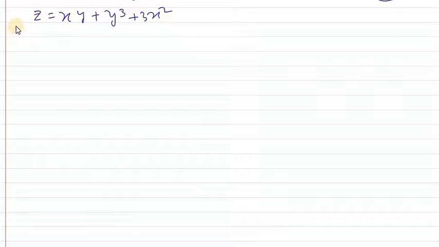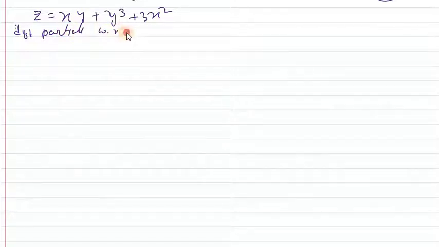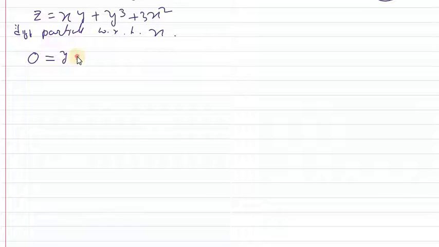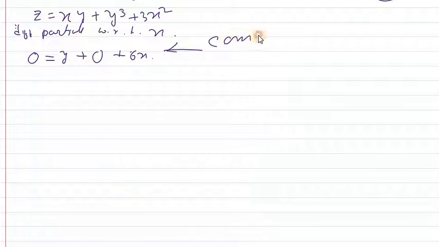If you differentiate this partially with respect to x, what students do is write 0 for the left side. Then y is constant, so this will be y, since the differentiation of x is 1. The differentiation of y cube is 0, plus the differentiation of this part is 6x. This type of thing is a common mistake.